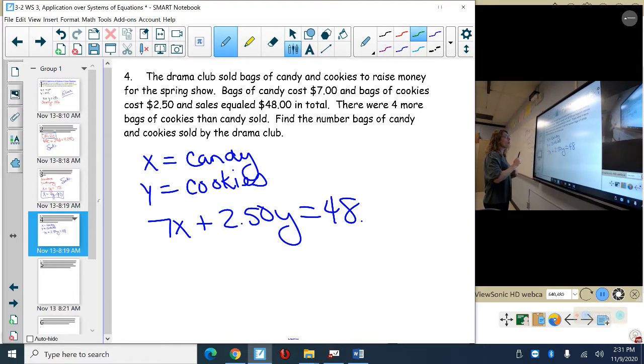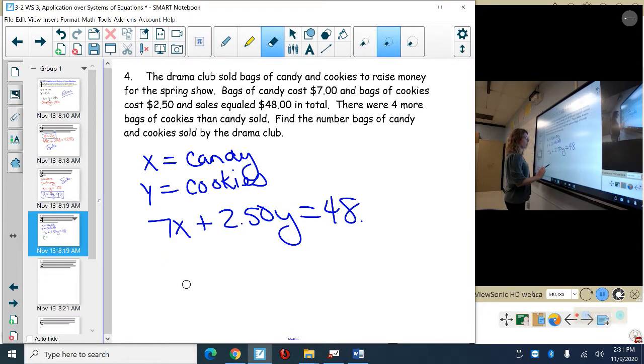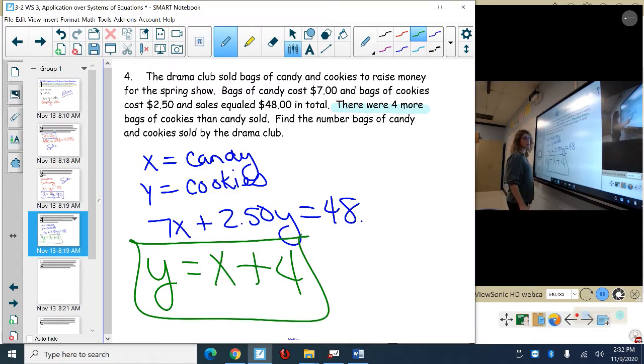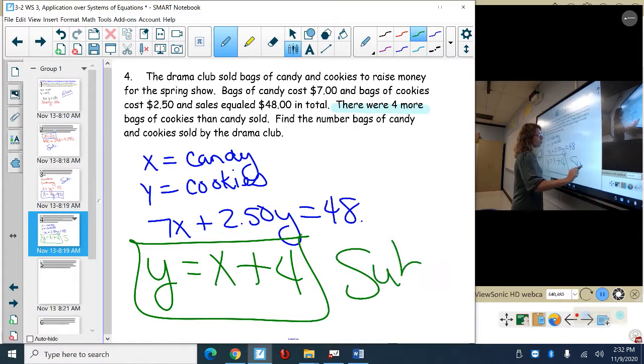There were 4 more bags of cookies than candy sold. So I have all of my candy pile. Oopsie, I used the wrong letter here. So my cookies was compared to my candy pile, which is X, plus 4 more. I'd box this in, and what method do you think? I would use substitution.